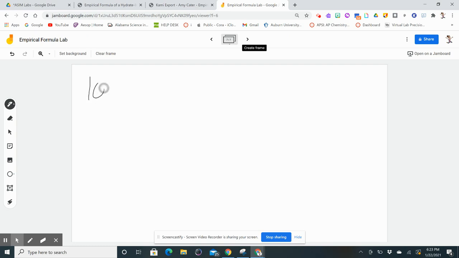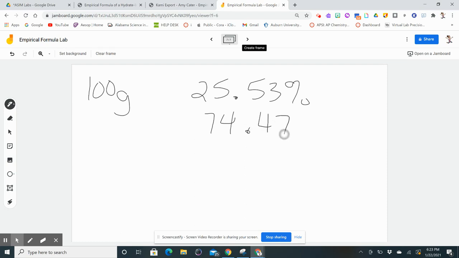If we have 100 grams and we know our percent compositions are 25.53% magnesium and 74.47% chlorine, then since these are percentages and you're given 100 grams, all you need to do is take your percents off and put a gram sign.